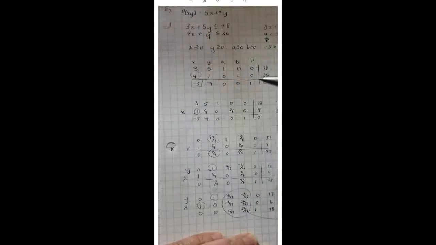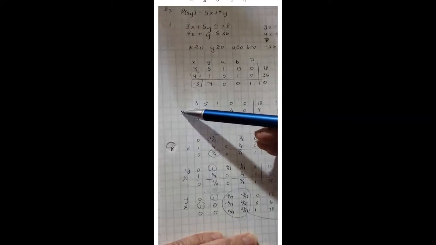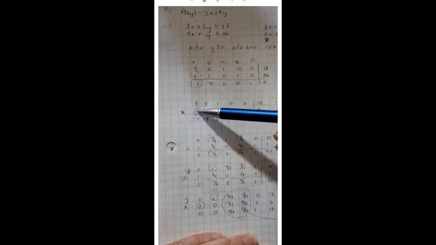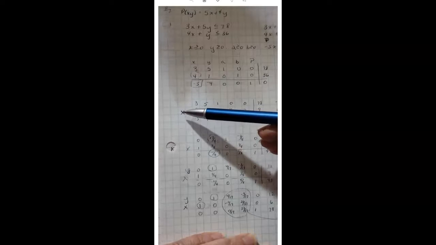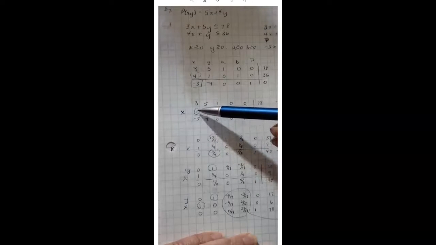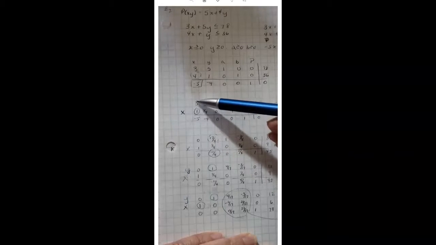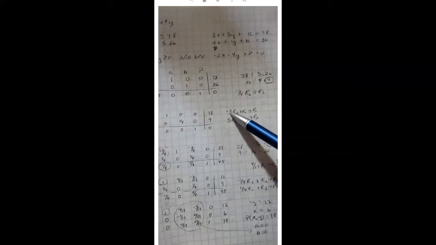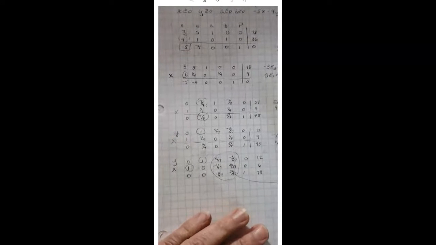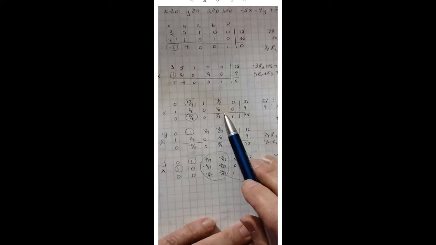Once I've set that as my pivot point, I can determine that that's my first variable, and I need to make these zeros. So I'm going to take -3 times row 2, add it to row 1, put it back in row 1. Take 5 times row 2, add it to row 3, and put it back in row 3. When I do that, I end up with this one.